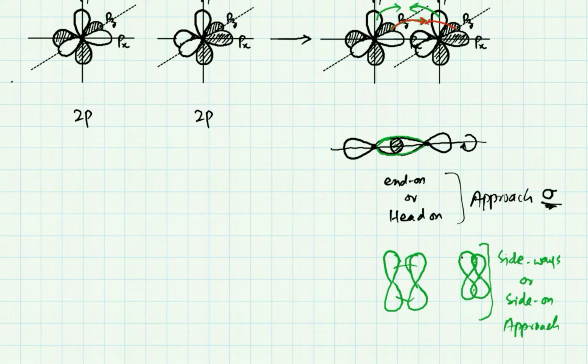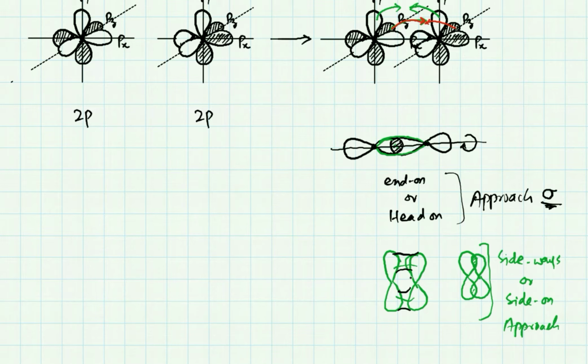Whereas in both of these cases, when py are combining and pz are combining, they give rise to an electron density that will not be symmetrical when we rotate about this axis. The electron density will be above this line or below this line, similarly away from this line or towards us.